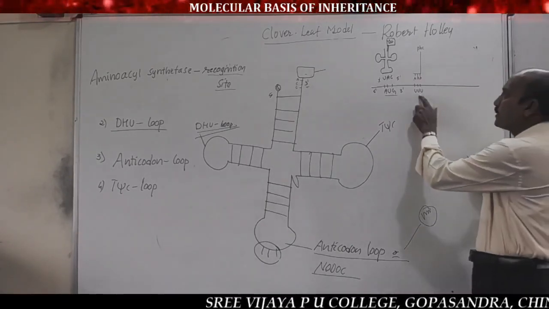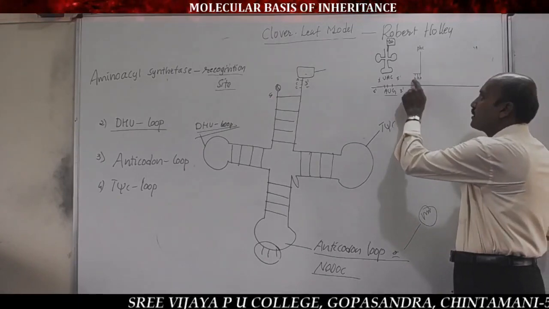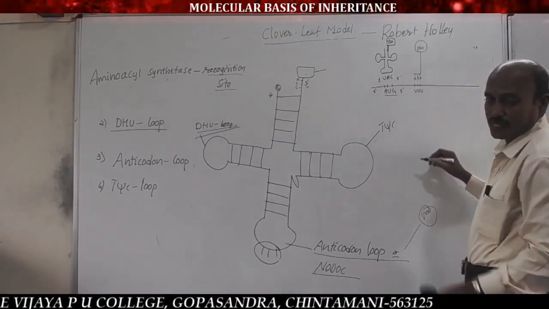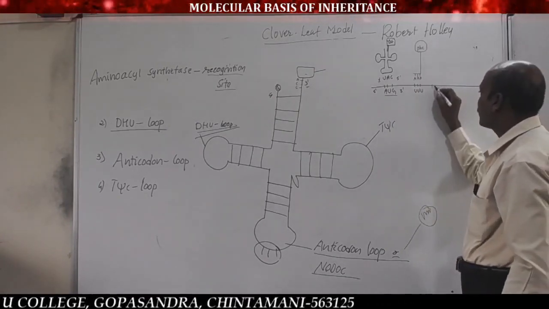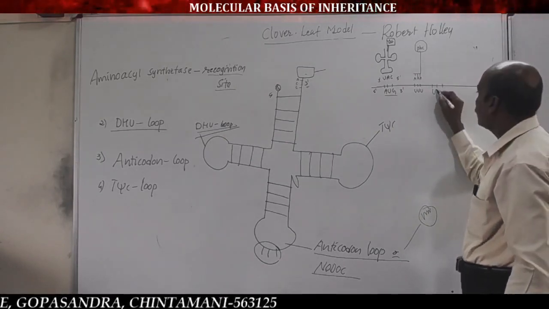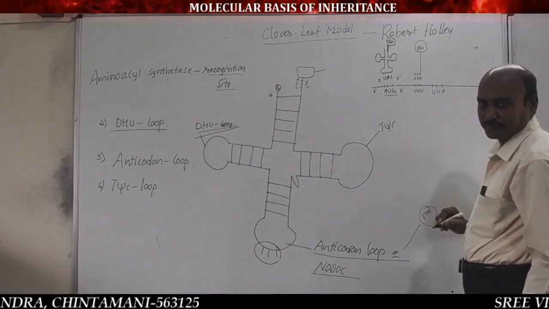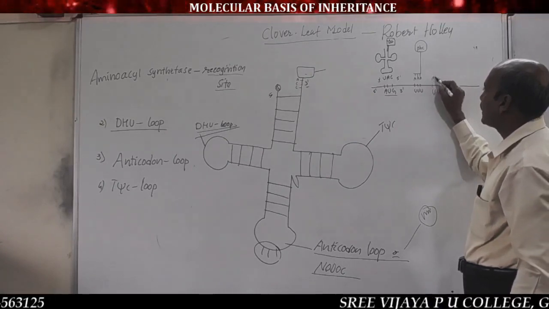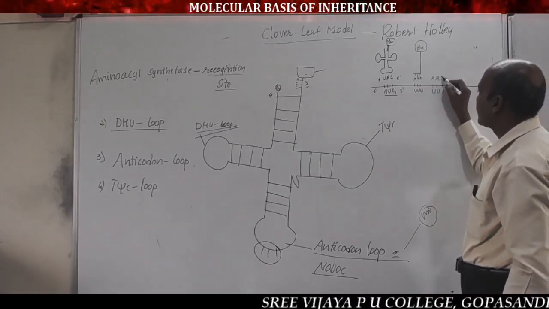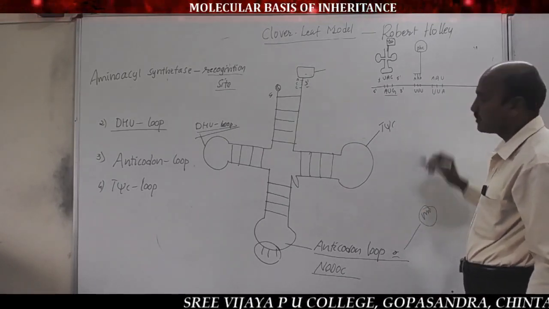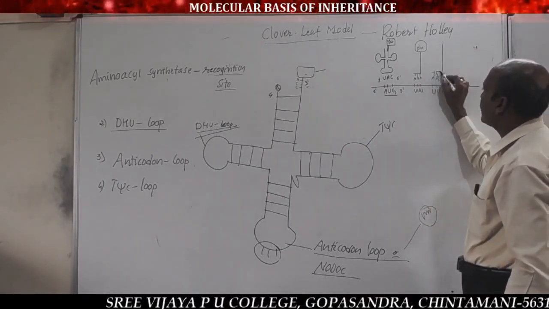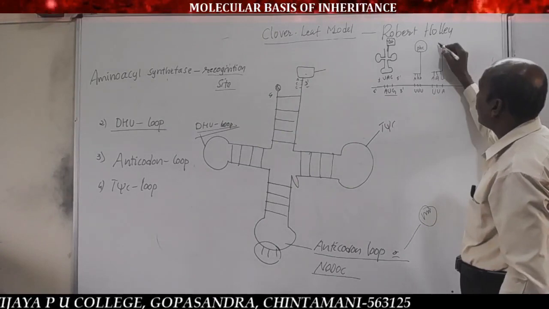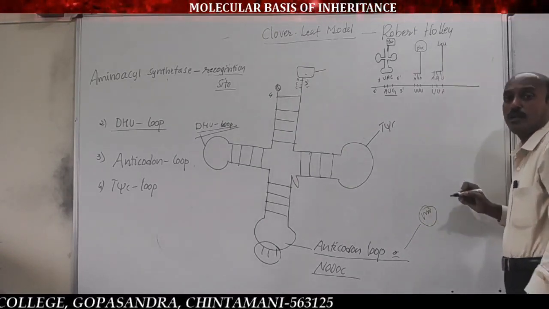And if the mRNA contains the UUA triplet codon 5' to 3', the tRNA contains the AAU anticodon, which carries the leucine amino acid.